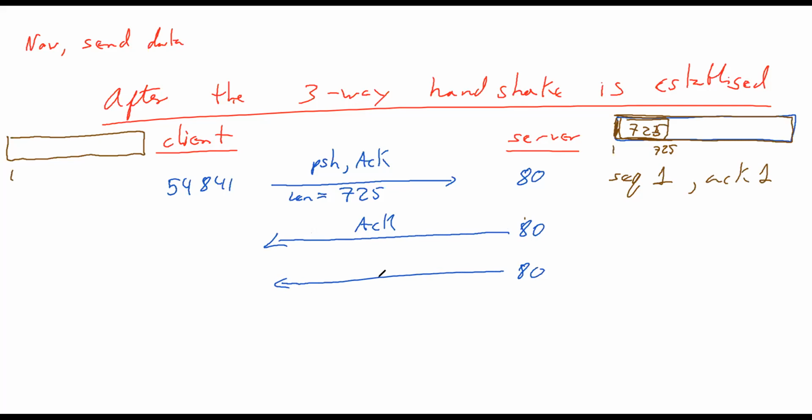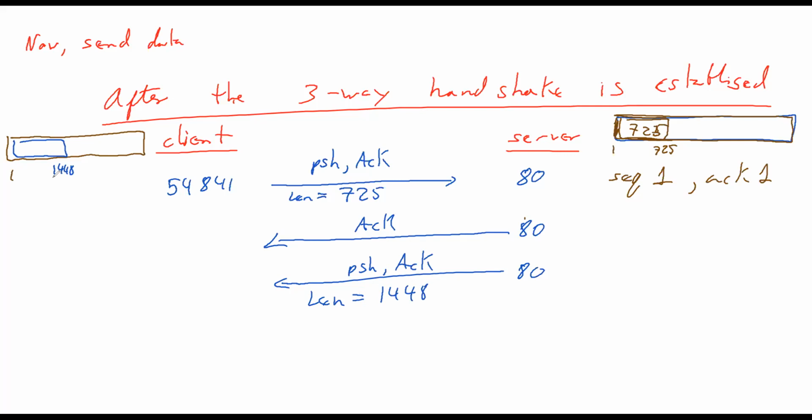Here, let's say, push ACK, and the length of this will be 1448. So it's sending its own data. Remember, this is 1, and this is 1448 in the buffer on the other end.